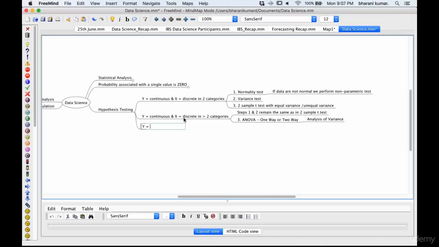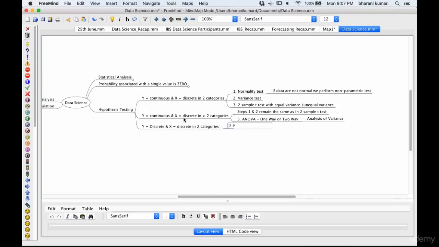If both output variable and input variable are discrete, if y is discrete and x is also discrete in two categories, then we perform two proportion test.